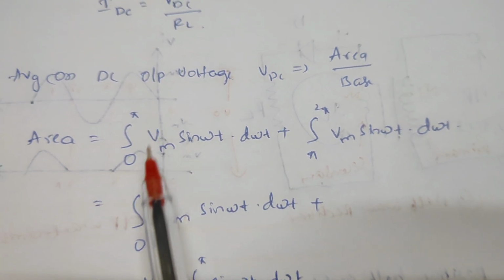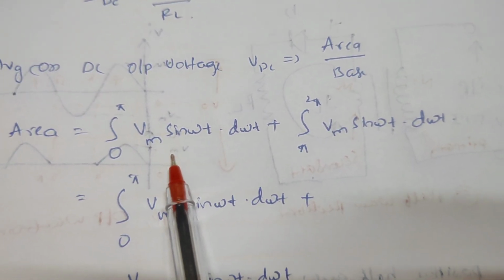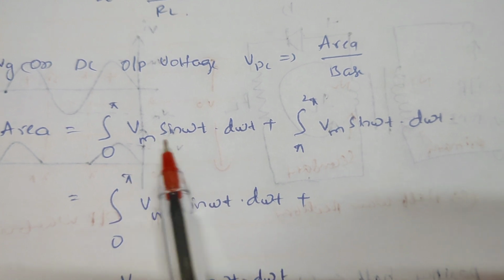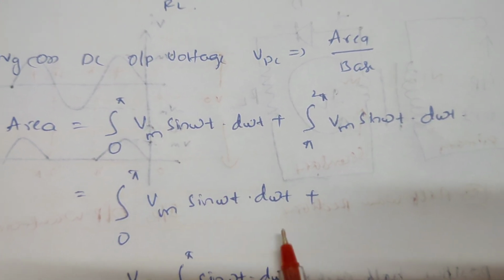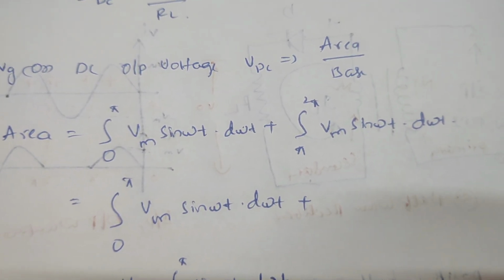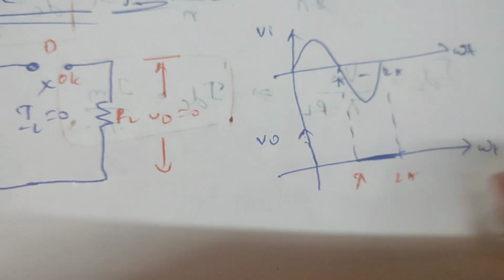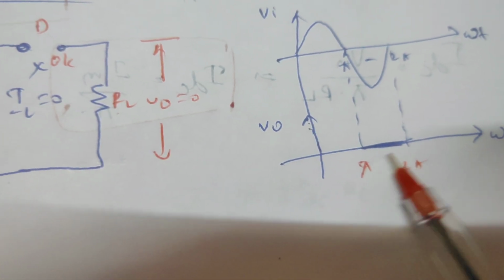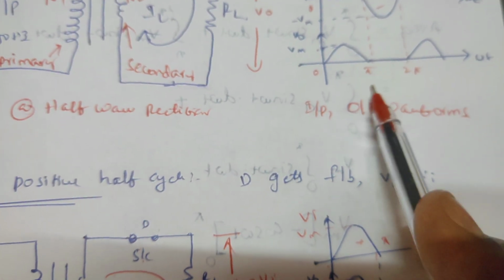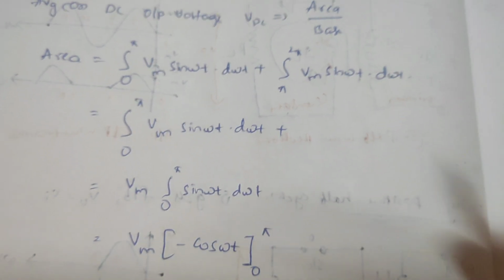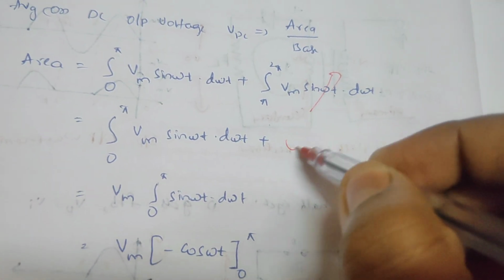In the time interval 0 to pi you are getting the maximum output, so V naught is equal to Vm sin omega t d omega t. But in the pi to 2 pi region we are not getting any output voltage, so it will be 0.